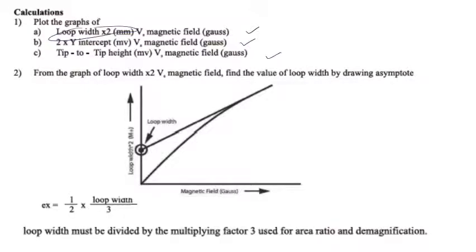So the first part will give us coercivity, the second part will give us the retentivity, and the third part will give us the saturation magnetization. Let's say this is the magnetic field on the x-axis and loop width 2 times on the y-axis. We will get a graph something like this, and we will plot points on it.